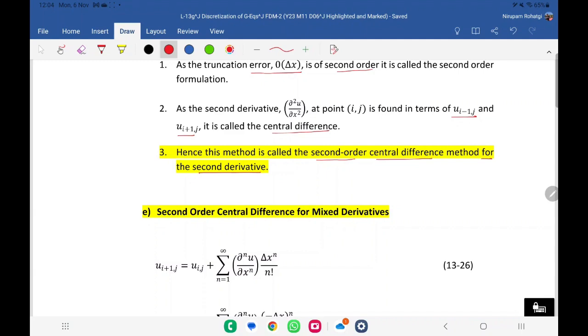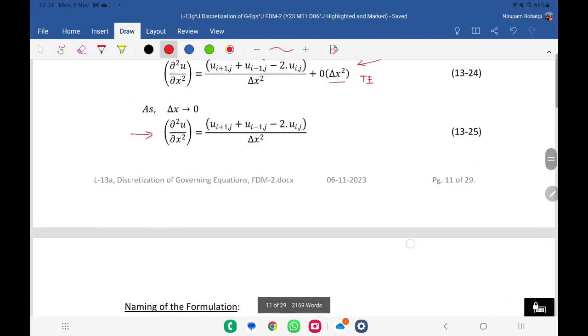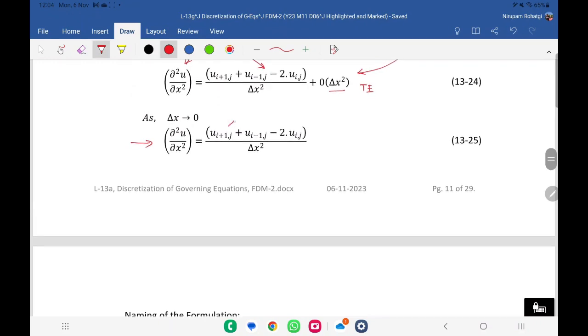I mean, plotting is possible, undoubtedly. You have this equation, but how will it look physically on the diagram? That is why I have not done it. But you can rest assured that it is not exactly the second derivative, because we have left this term, the truncation error. Okay?